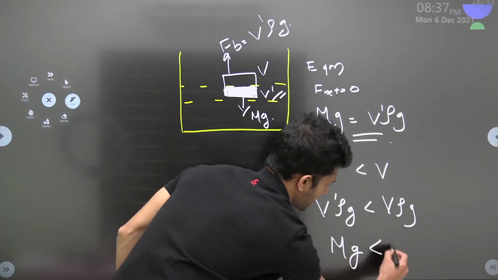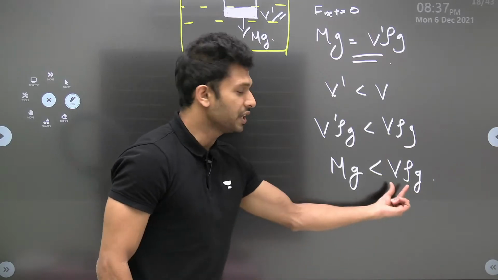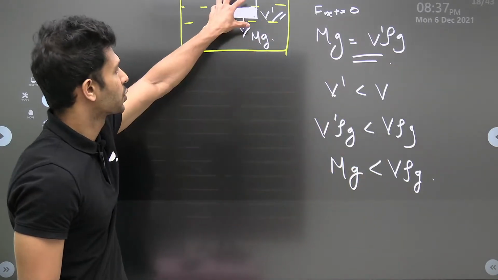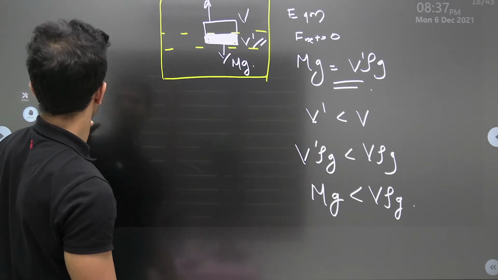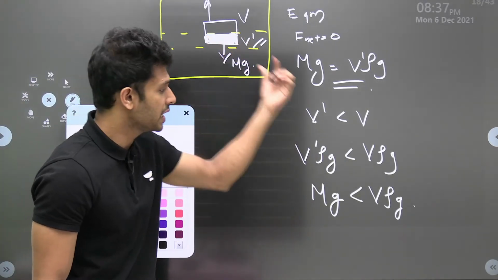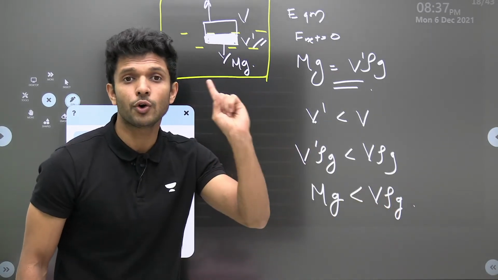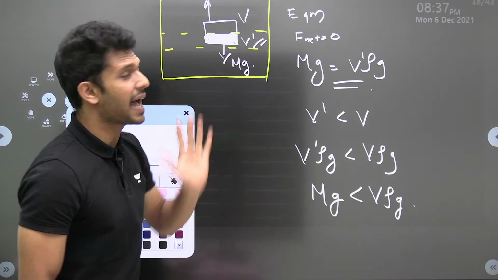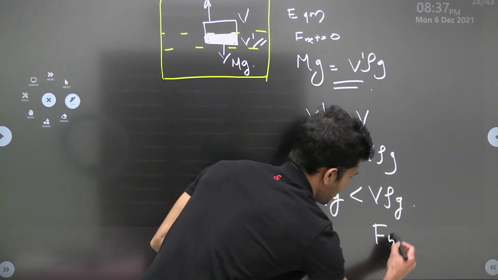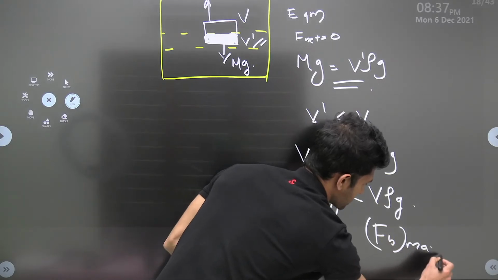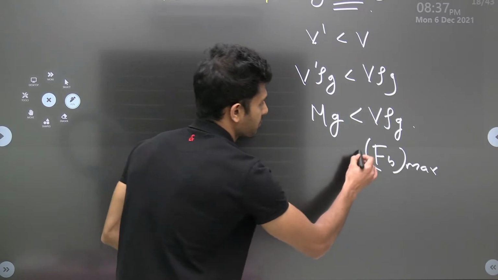So mg is less than V rho g. And what is V rho g? V is the total volume into density into g. V rho g is the maximum value of buoyant force that can act on the body, isn't it? So V rho g, I'm going to write as F_B max, the maximum value of buoyant force that can act on the body.